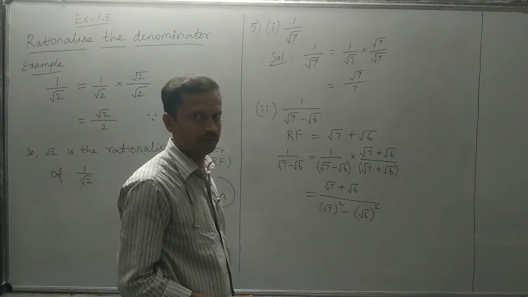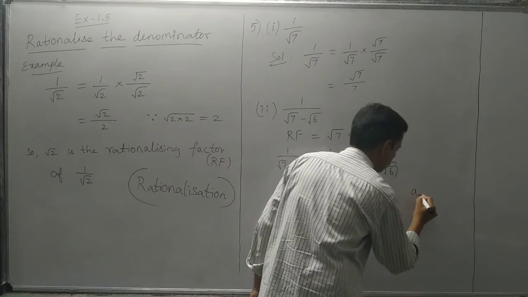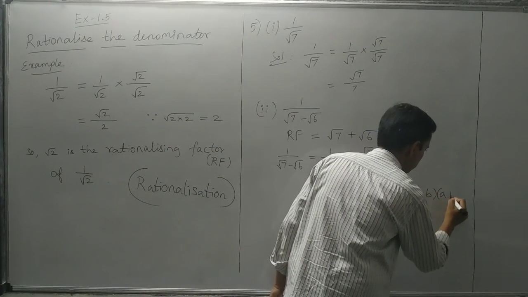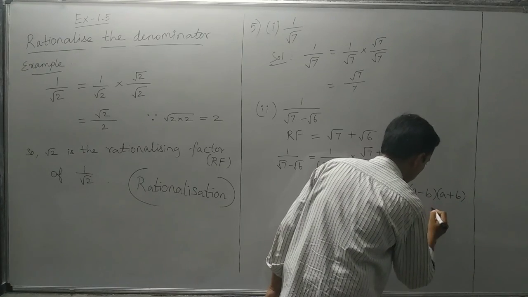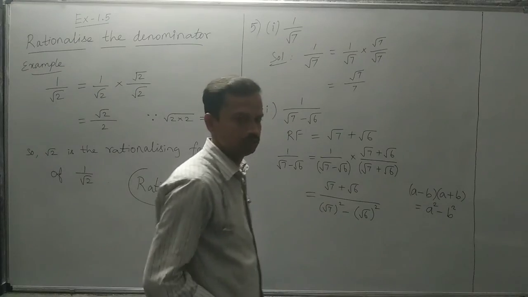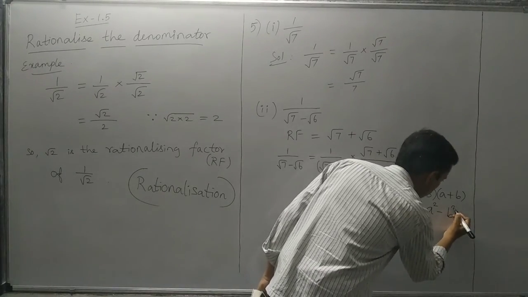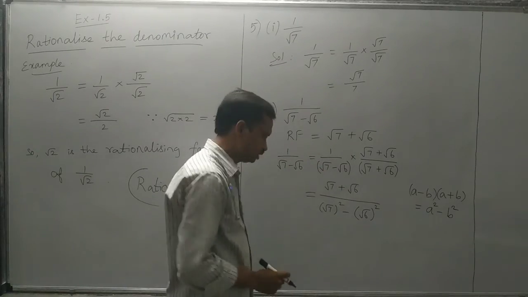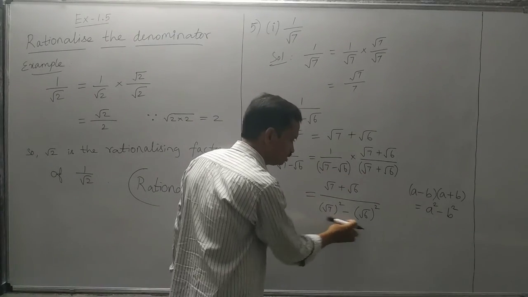Do you remember that identity? Okay, I will write it here. A minus B into A plus B is equal to A square minus B square. So this is the identity I am applying here. For A root 7, for B root 6. A minus B, A plus B gives A square minus B square.